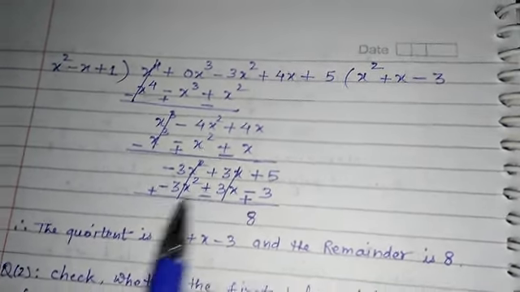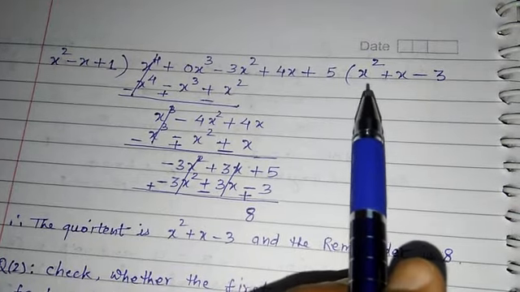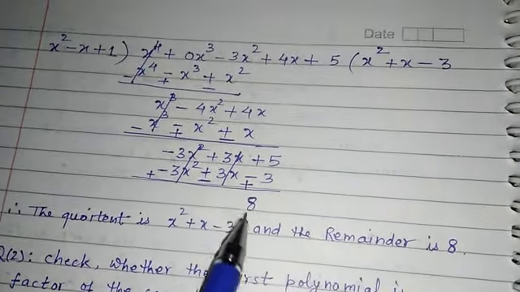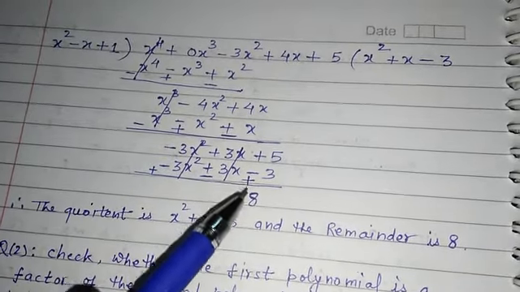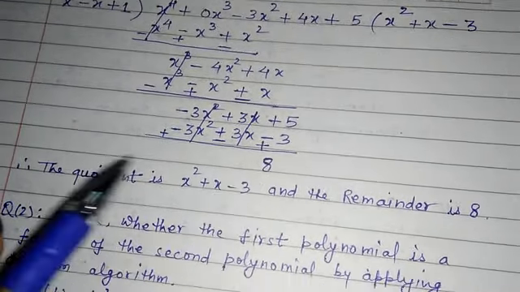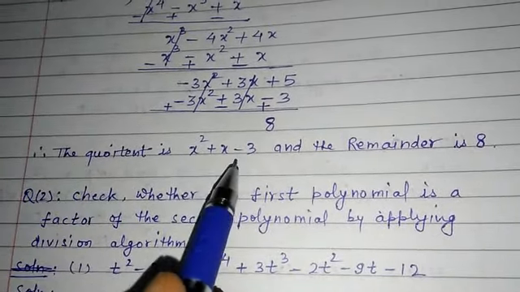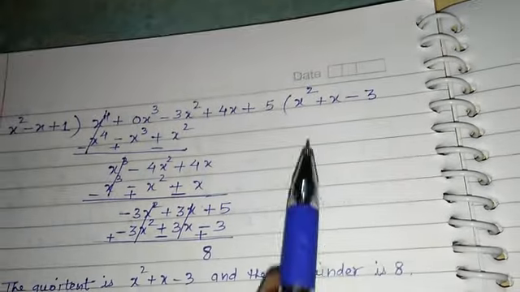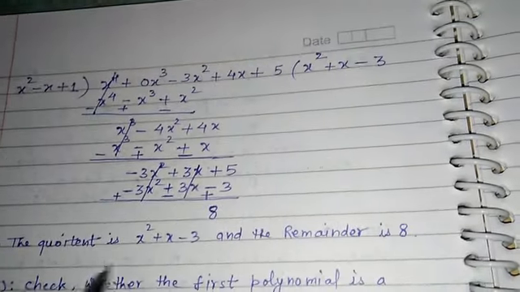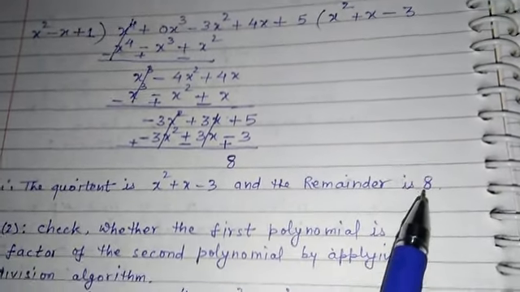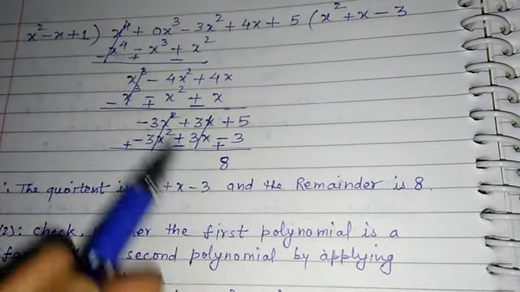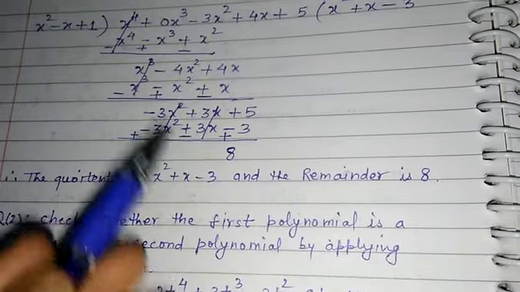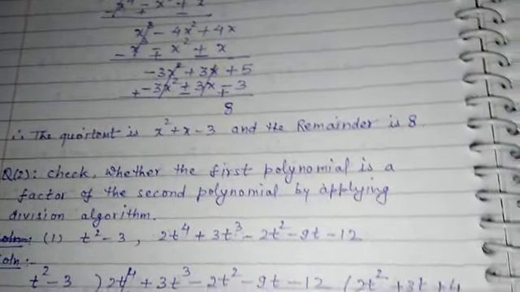So here the quotient becomes x square plus x minus 3 and the remainder is 8. You can see here and understand the steps. Therefore, the quotient is x square plus x minus 3 and the remainder is 8. In the same way you can solve the remaining first and third parts of question number 1.